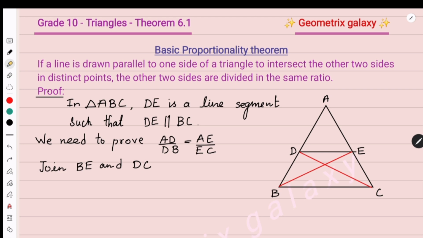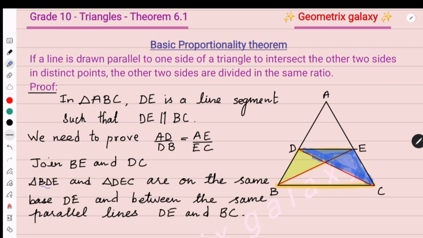Now we can see two triangles between the two parallel lines DE and BC, the triangle BDE and the triangle DEC. Triangle BDE and DEC are on the same base DE and between the same parallel lines DE and BC.